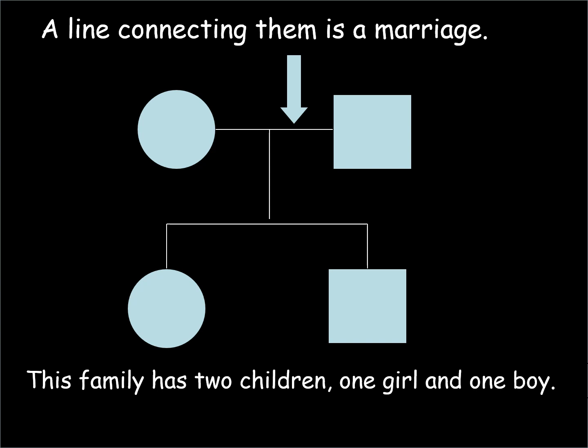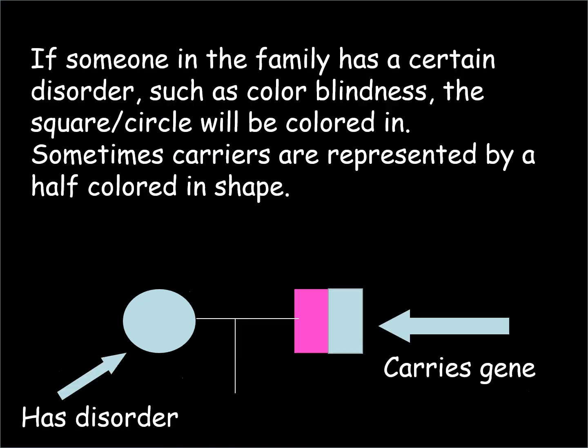The birth order is always going to go with the firstborn on the left, and the last born on the right. So in this case, they had two kids. The first one was a girl, the second one was a boy. Now, if someone in the family had a certain disorder, such as color blindness, the circle or the square will be colored. Half colored like this.